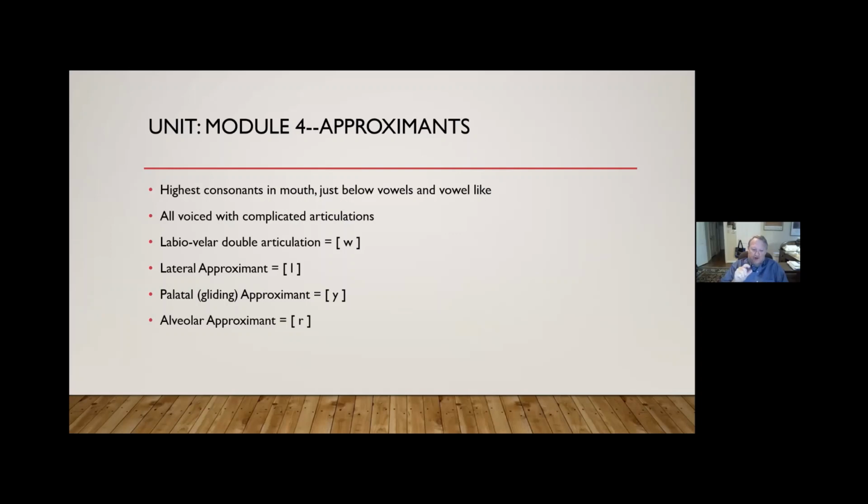So you produce the W with a definite rounding of the lips for the bilabial, and then you use the tongue at the back of the mouth, producing a velar to produce the second part of that articulation. So you'll notice all the other articulations we've been talking about were single places of articulation. So notice W has 2.